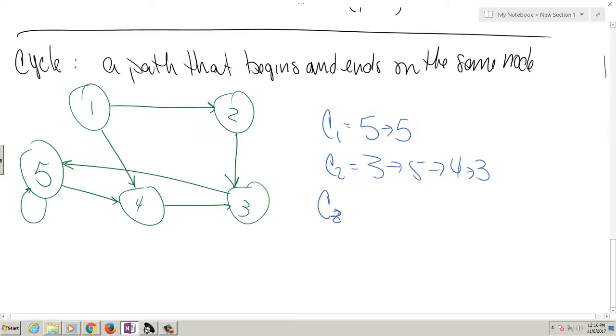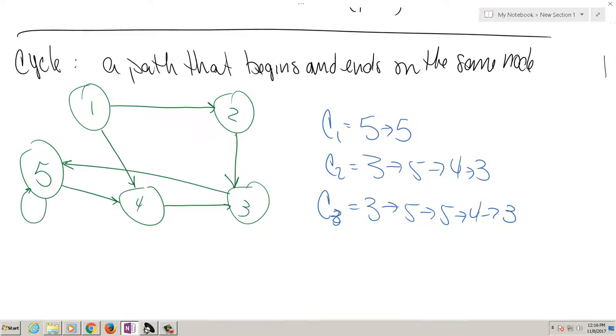Here is another cycle. I'll call this one cycle 3. 3 to 5 to 5 to 4 to 3. Cycles are finite. They have to begin and end on the same node, but there are most likely an infinite number of cycles.